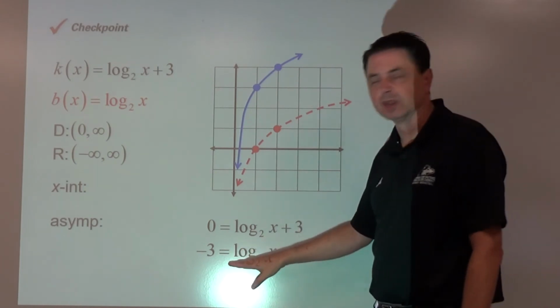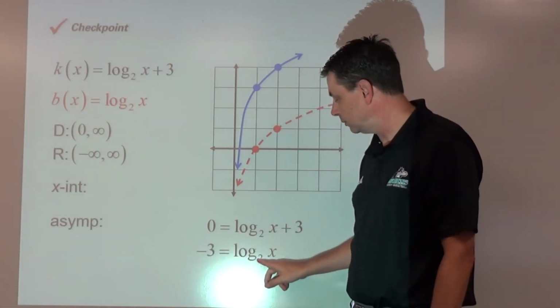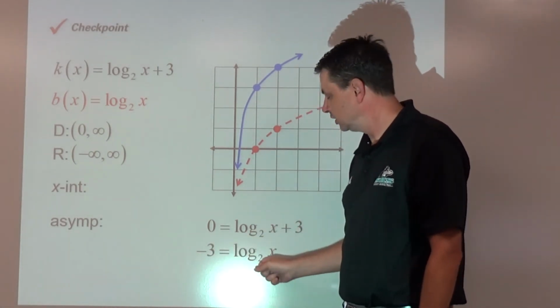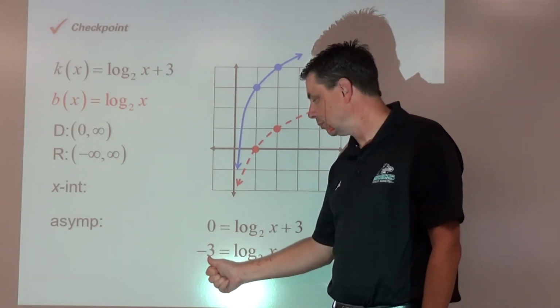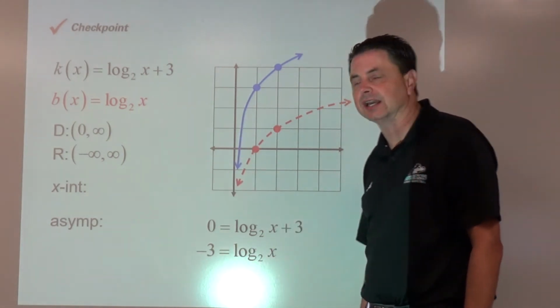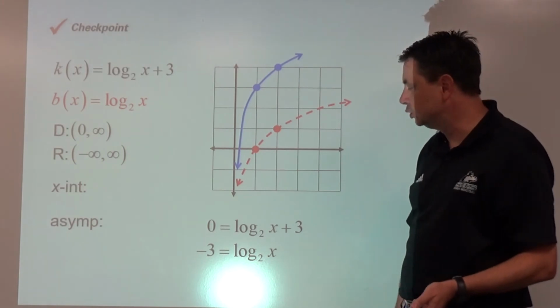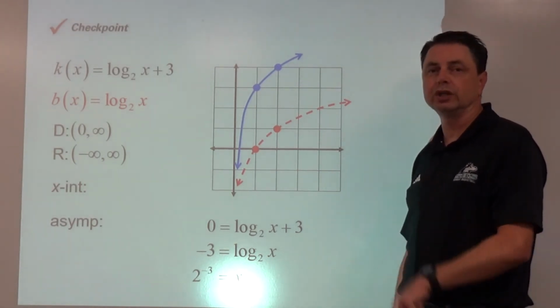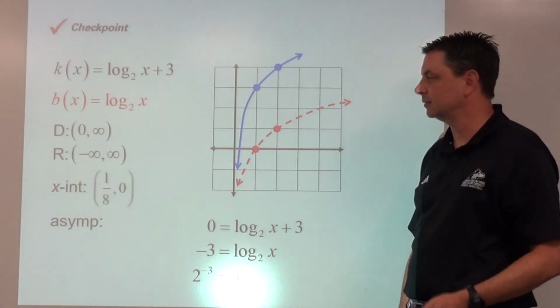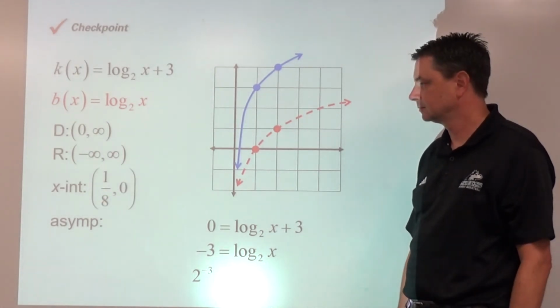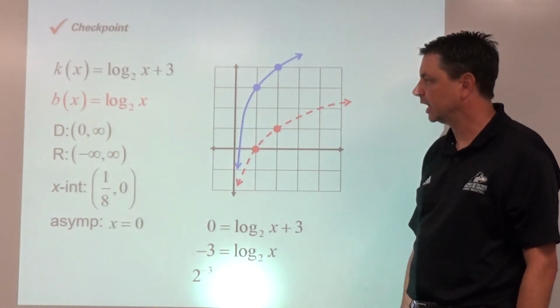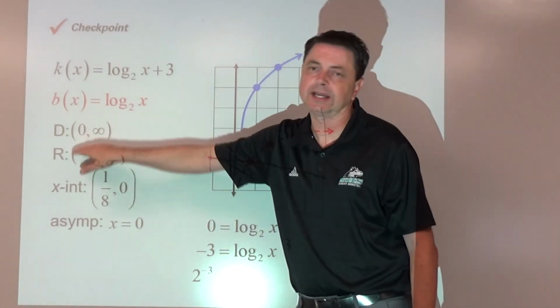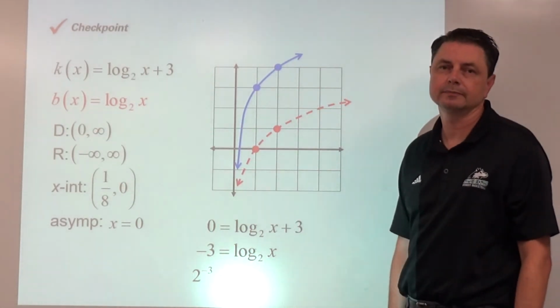Let's rewrite from log form to exponential form. 2 stays as the base, and the negative 3 becomes the exponent. So we're looking at 2 to the negative 3rd power, which means 1 over 2 cubed, which is 1/8. And our asymptote should correlate and match the domain.